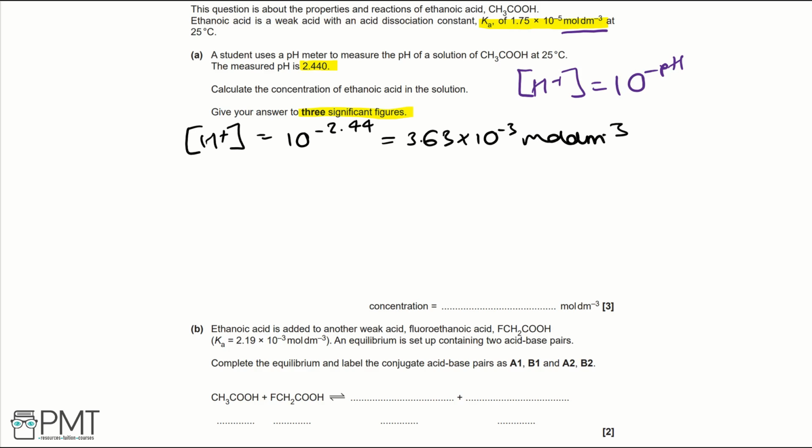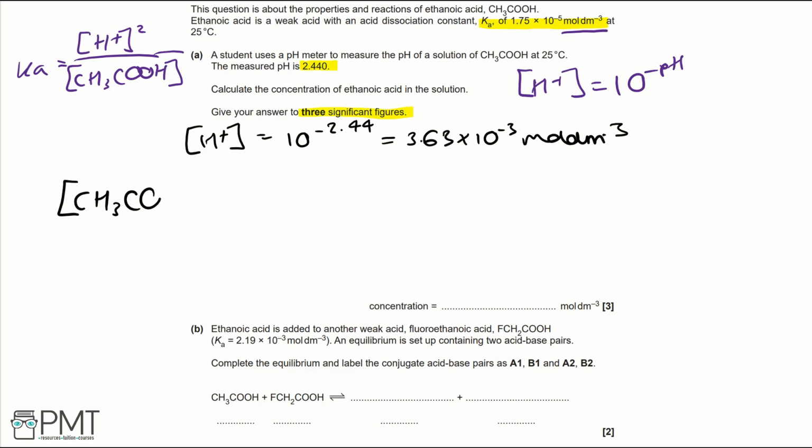Then applying the Ka equation, which is Ka equals the concentration of H plus squared over the concentration of ethanoic acid, or CH3COOH. If we rearrange this, we get the concentration of CH3COOH equals the concentration of H plus squared over Ka.